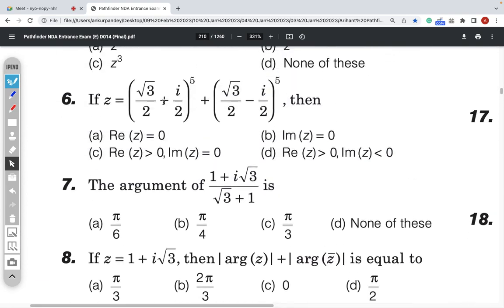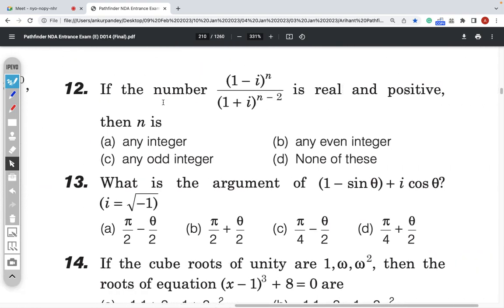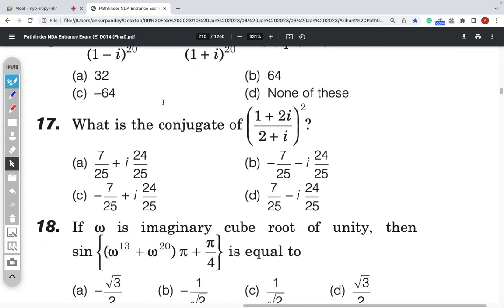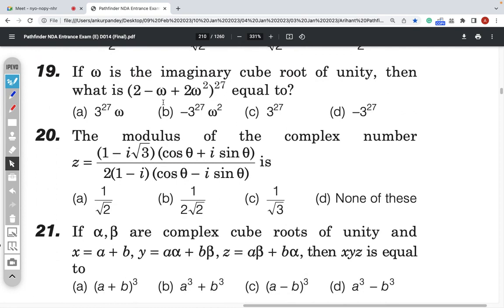Power 27 wala question hai na. Yes, it was 2 minus omega plus 2 omega square whole to the power 27, right?